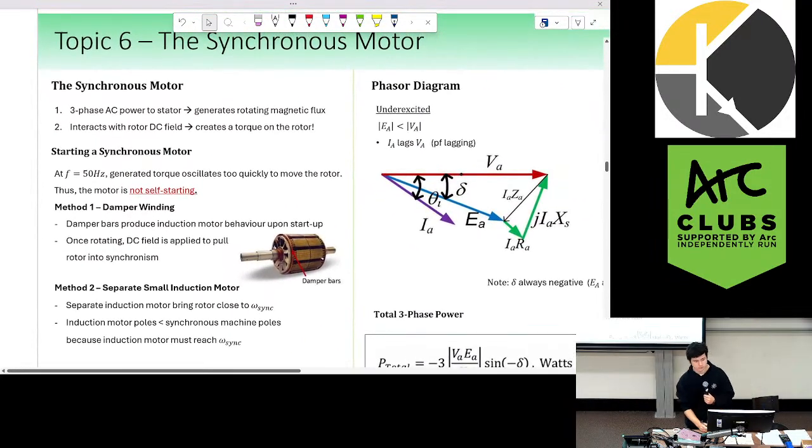because of this fact that a synchronous motor has to operate at synchronous speed, it is not self-starting. Something we might typically say is that the generated torque at 50 Hertz is simply not enough to spin the motor immediately. It's too quick to move the rotor.